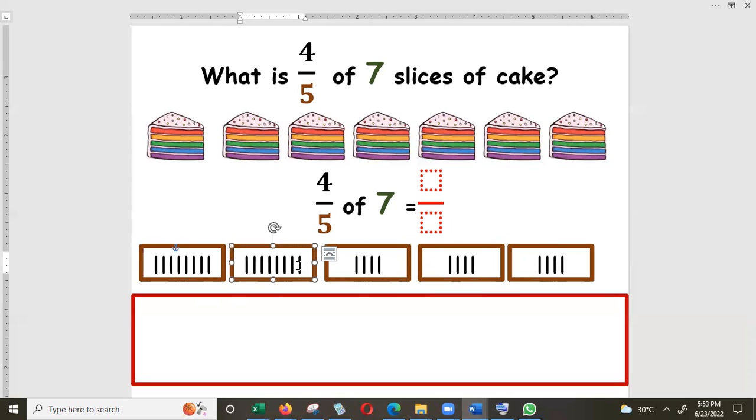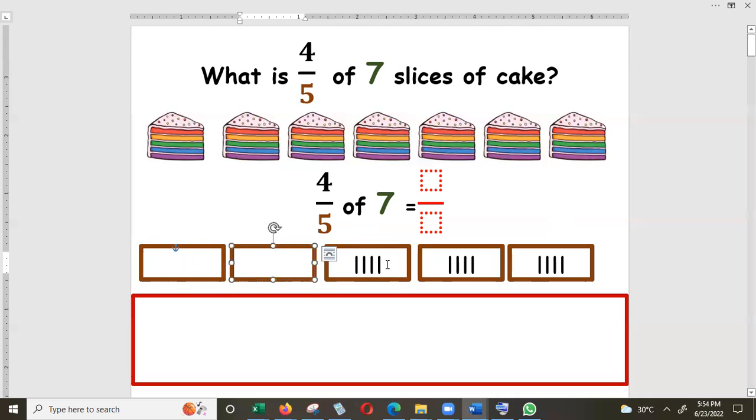So that's 7 groups of 4. That's 28: 8 and 8, 16, 24, and 4 more, 28. Or you can say 4 groups of 7. It will come out the same.